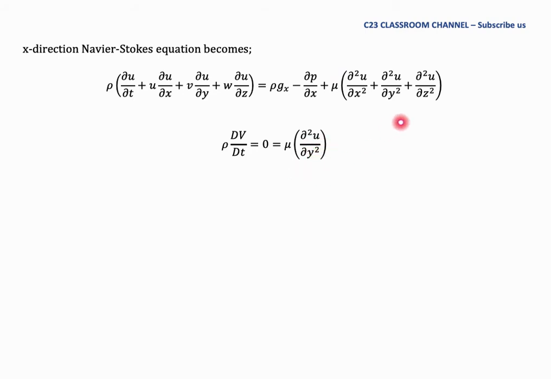It is because there is no motion in the y direction and z direction. So these are the simplified terms from our Navier-Stokes equation based on our assumptions as we mentioned previously.